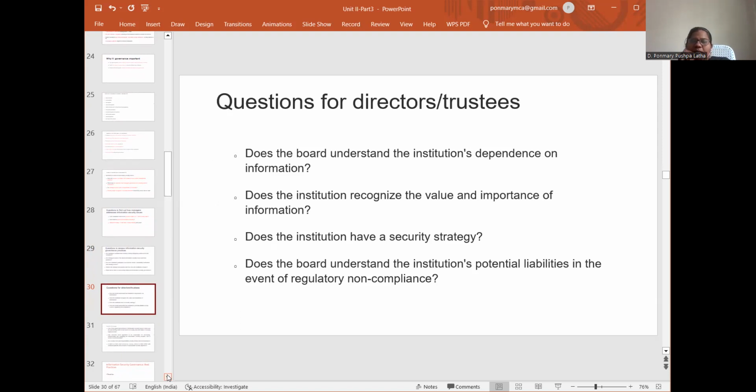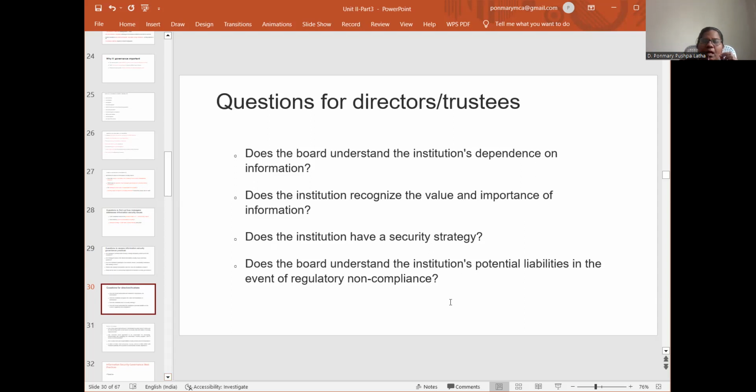Does the institution recognize the value and importance of information? Whatever information is communicated to the director, whether they value it. Does the institution have a security strategy?